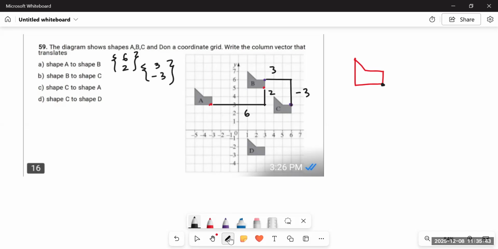Now from shape C to shape A. Let's take the corresponding points, these 2 points. This one to this one. Now from C to A, we have to go in the backward direction, that is to the left side of C. So it would be 1, 2, 3, 4, 5, 6, 7, 8, 9. 9 to the left, it's -9, but we have to go up, so it would be +1.